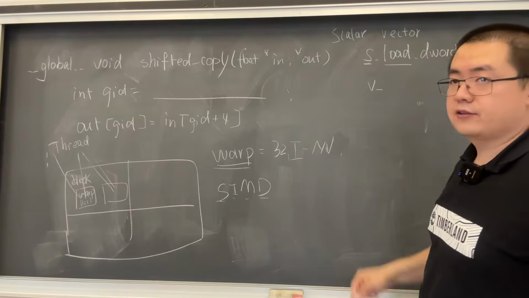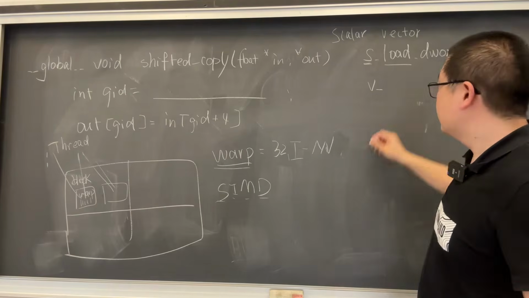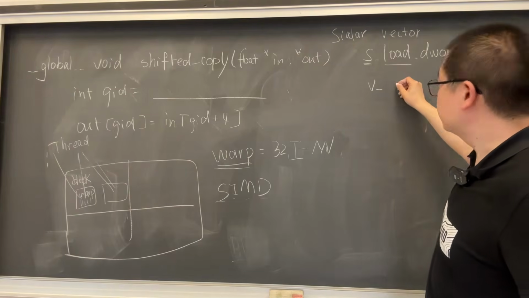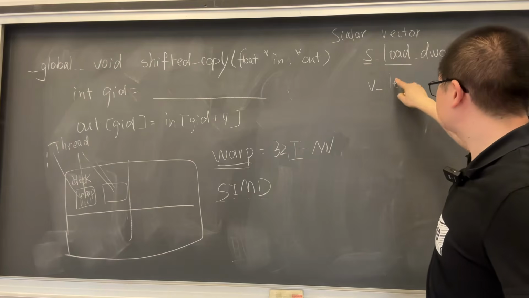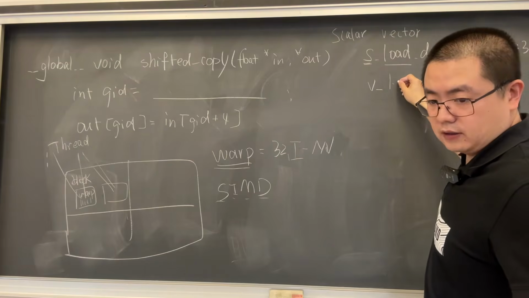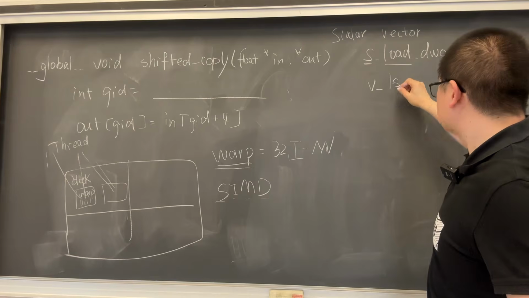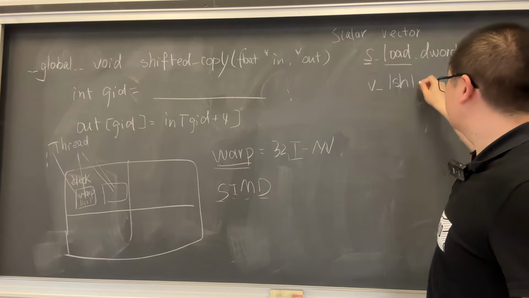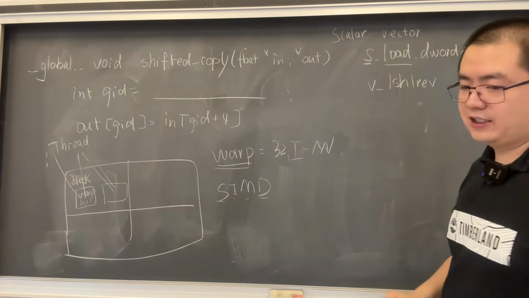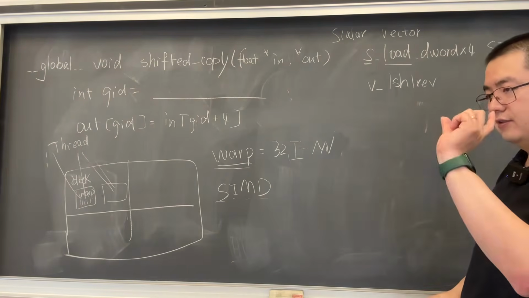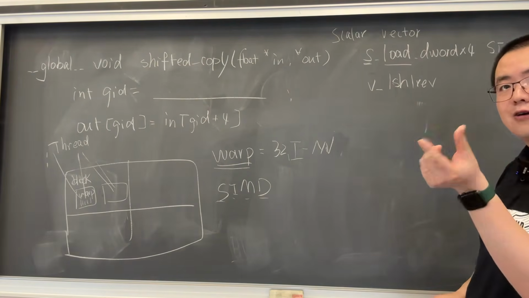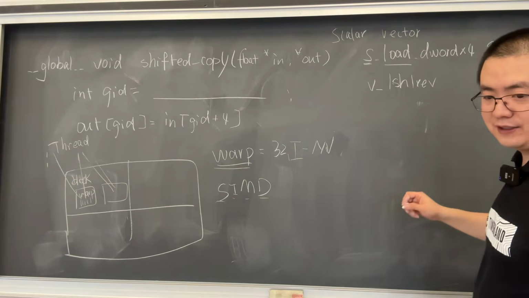This is a V, so it's a vector, right? And what do we do? It's shift left. It's L, logic shift left. REV, you can ignore this REV. This REV allows the operands to be written the other way.